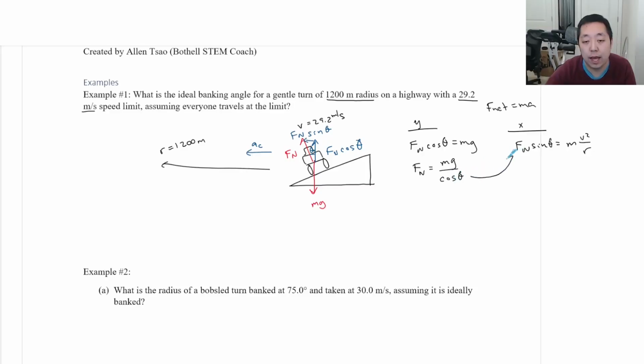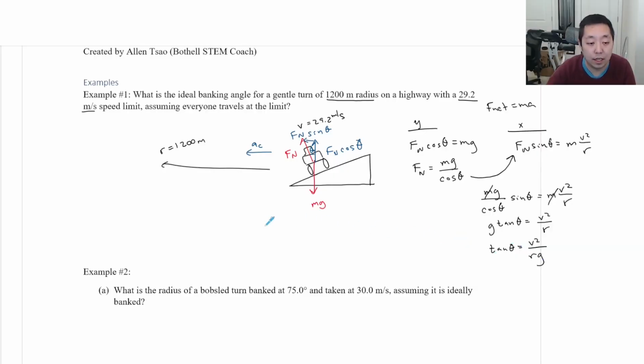Plugging that in, I get mg over cosine theta times sine theta equals m v squared over r. The m's cancel. Sine over cosine is tangent theta, so tangent of theta equals v squared over rg.